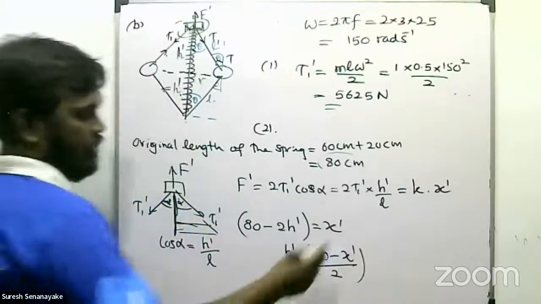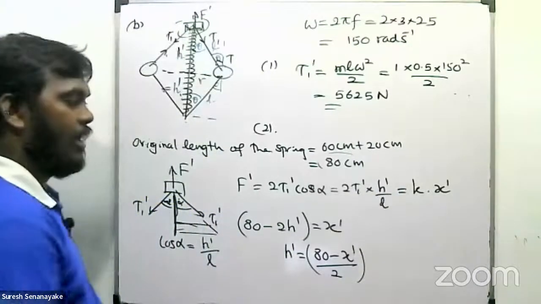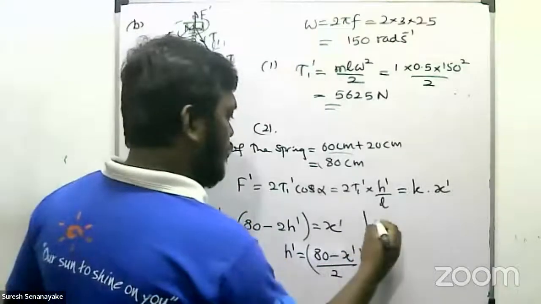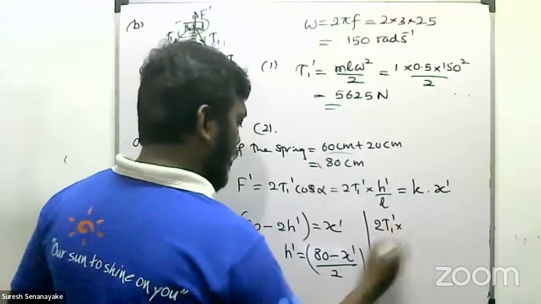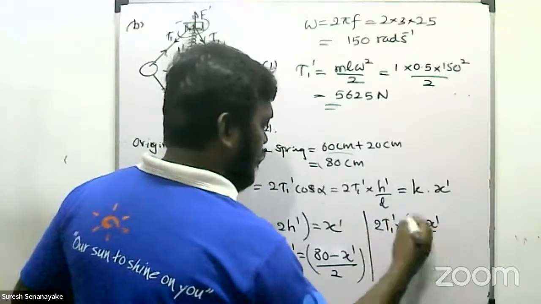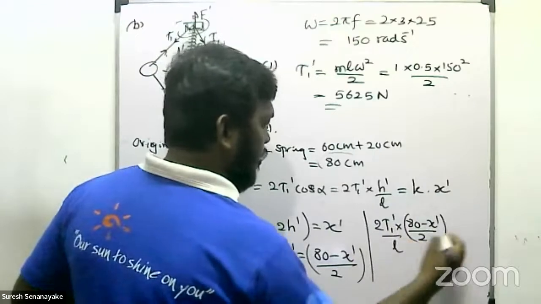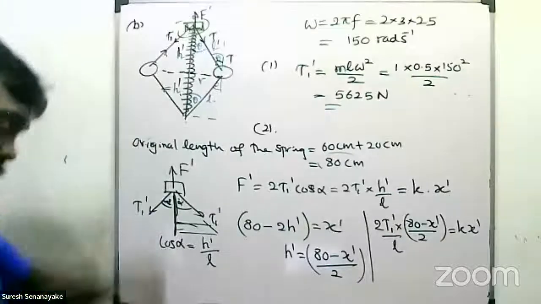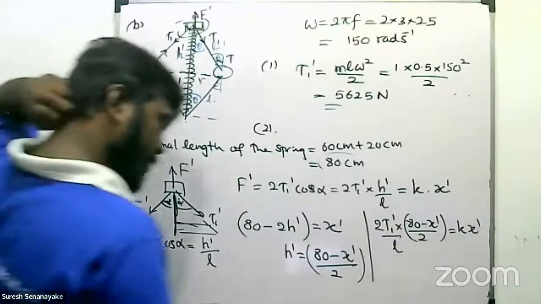You can substitute it here, and then you can find x dash within this equation. That's 2 T1 dash, H dash is 80 minus x dash divided by 2, over L, equals kx dash. Solve this for kx, then you can write x.